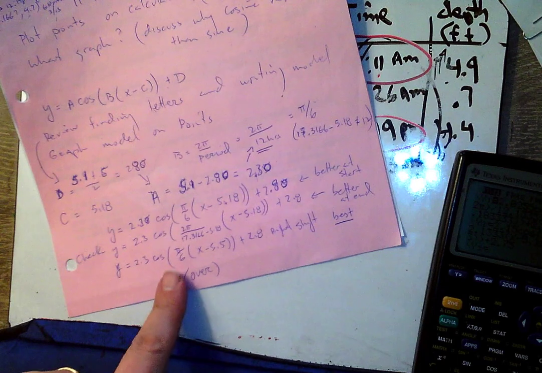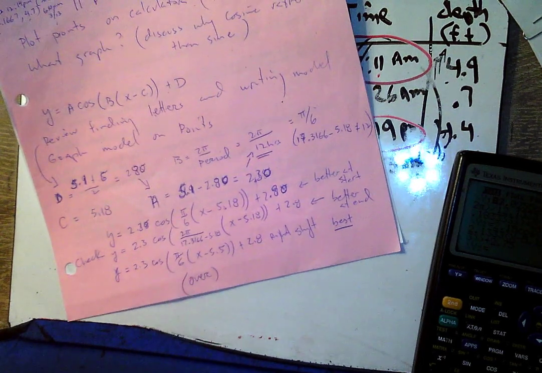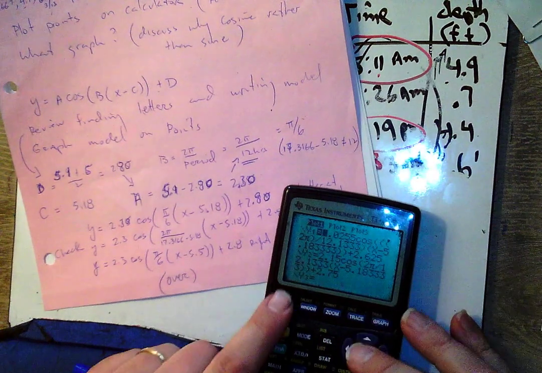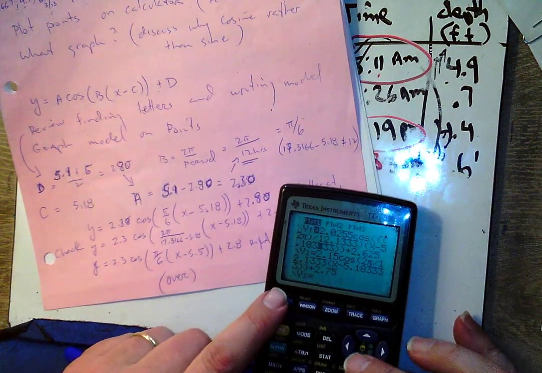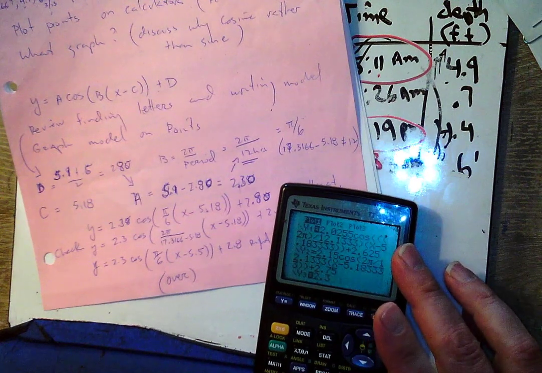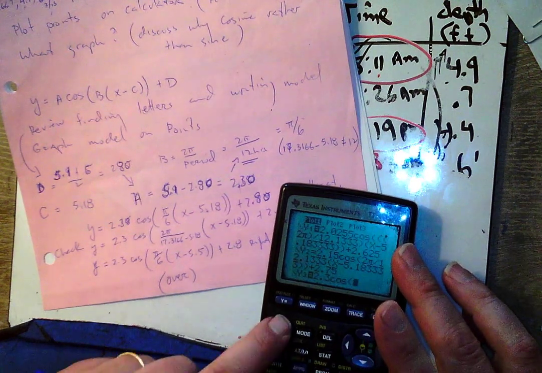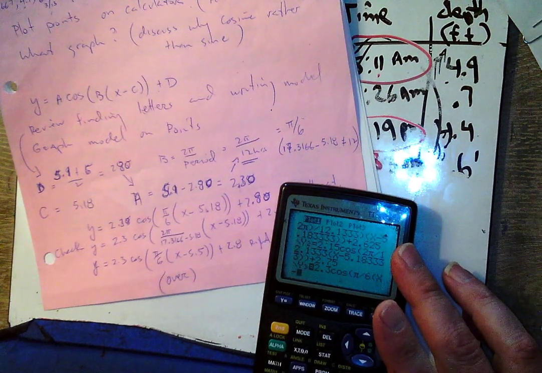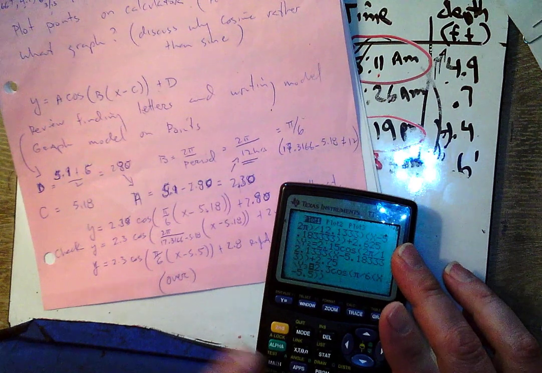I kind of want to put this in and compare it with ours, because this says best. Okay, so let's see what we got here. I'm going to put this one down: 2.3 cosine pi divided by 6 x minus 1.5.